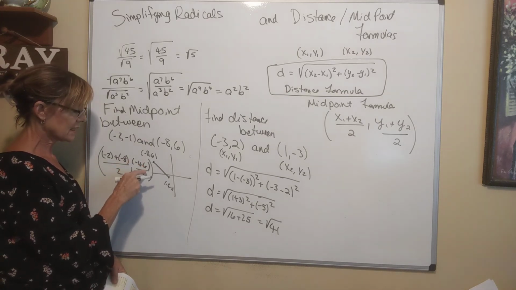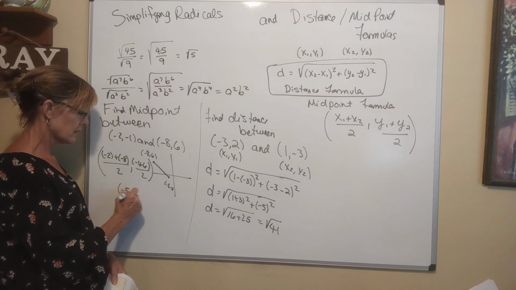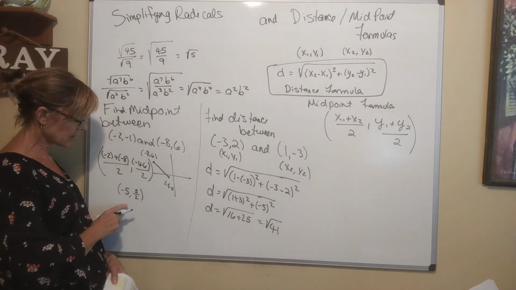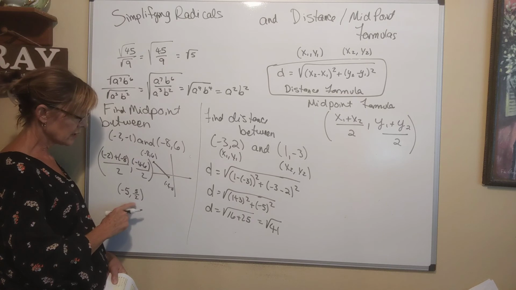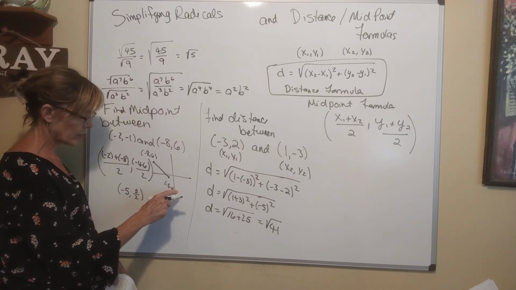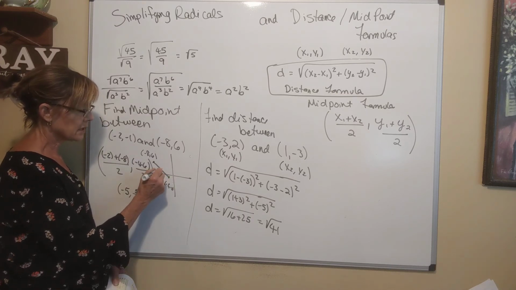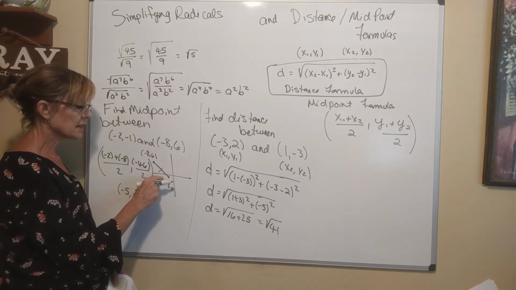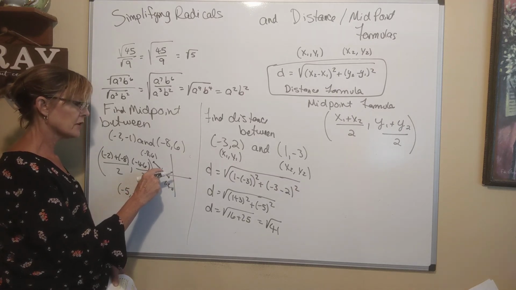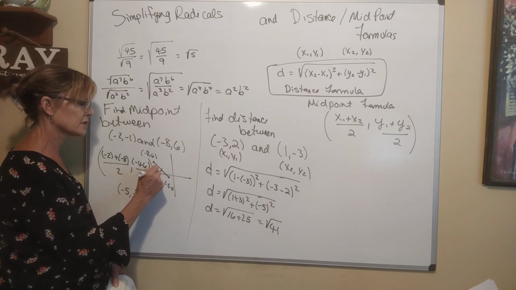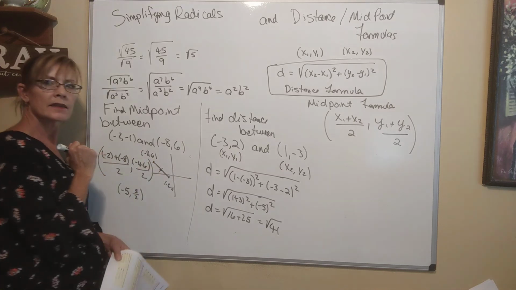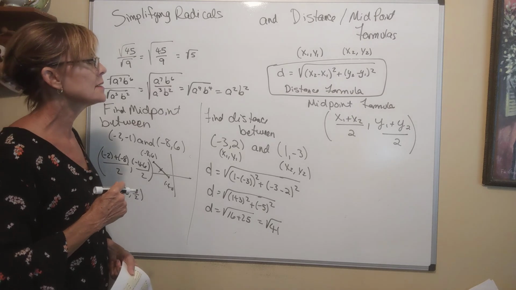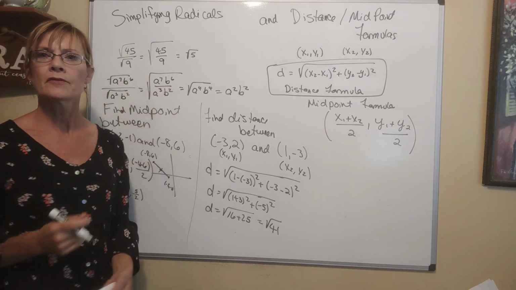Negative 1 plus 6 is 5 over 2. So we're saying at the point negative 5, 2.5, that's where the midpoint would be. Here's where it looks like the midpoint of that line segment is. That looks reasonable. All right, that is midpoint formula, distance formula, and some simplifying of radicals.